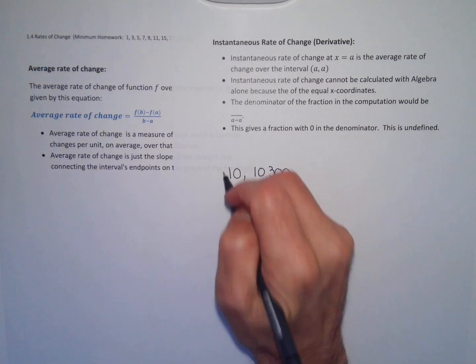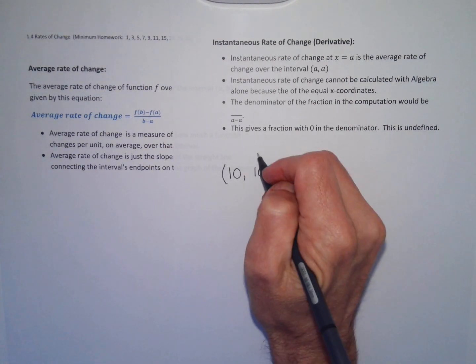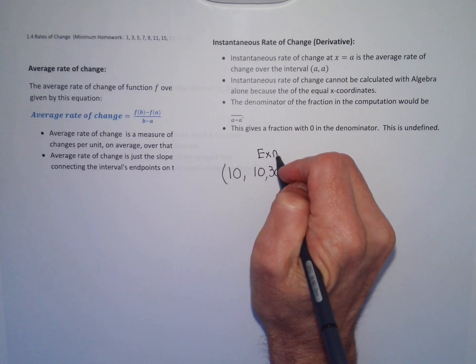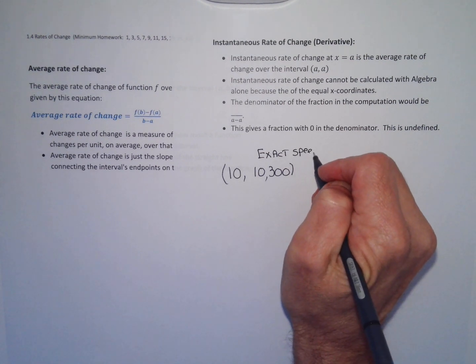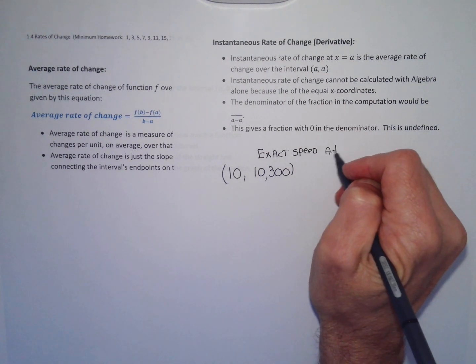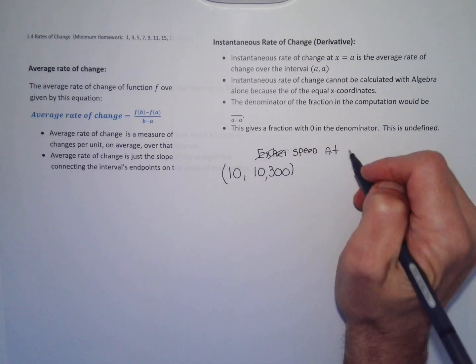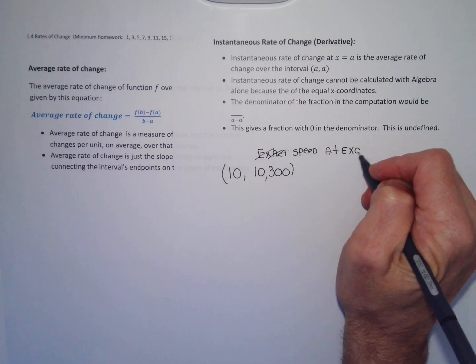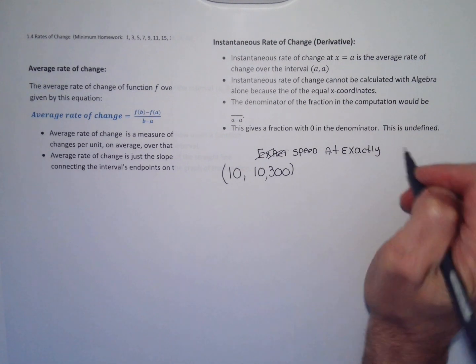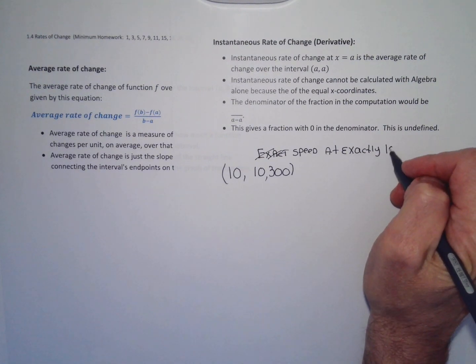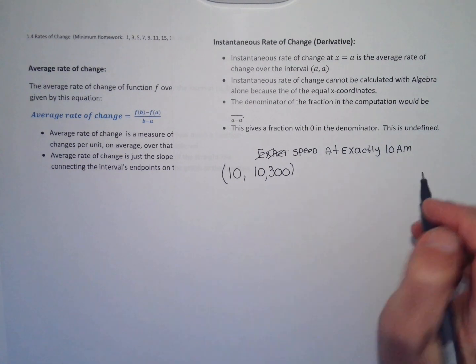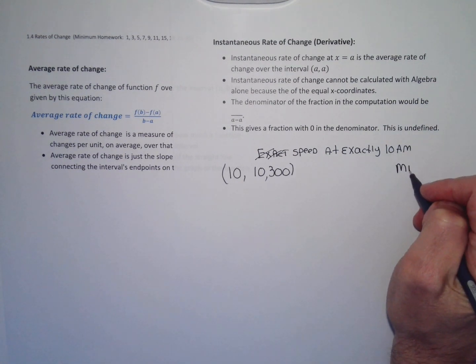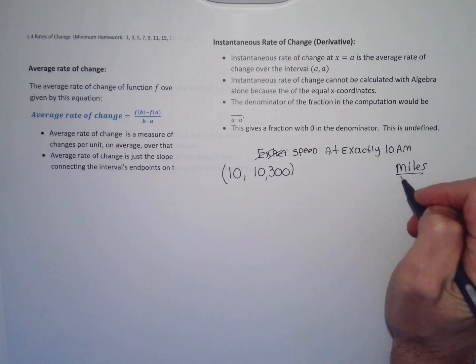Well, to get an exact speed, not the average rate of speed, as opposed to an average speed, if I want to get the speed at exactly 10 o'clock, if I want to be able to look at the odometer and know what the speed is, well, to find speed, it's still miles over hours.